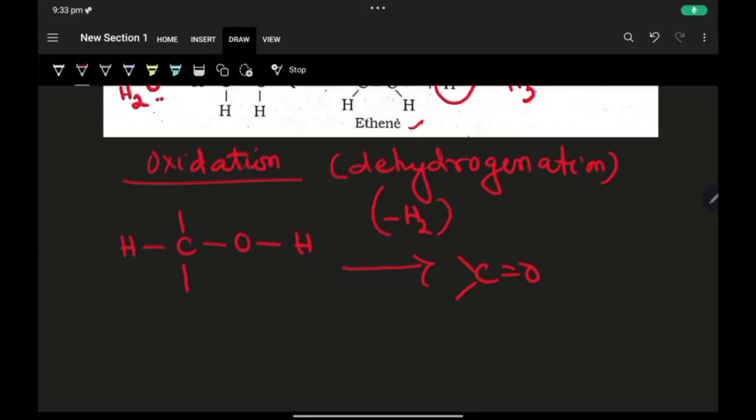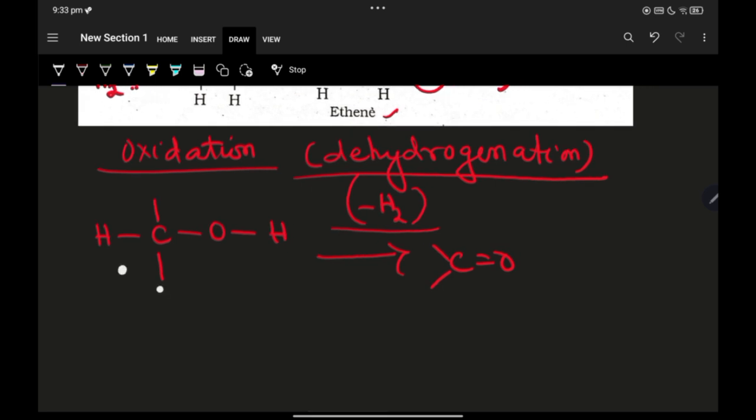Now we'll discuss the oxidation reaction for alcohols. Oxidation can be known as removal of H2 as well, so dehydrogenation. After removing H, this bond and this bond break, and you get a carbonyl compound plus H2.